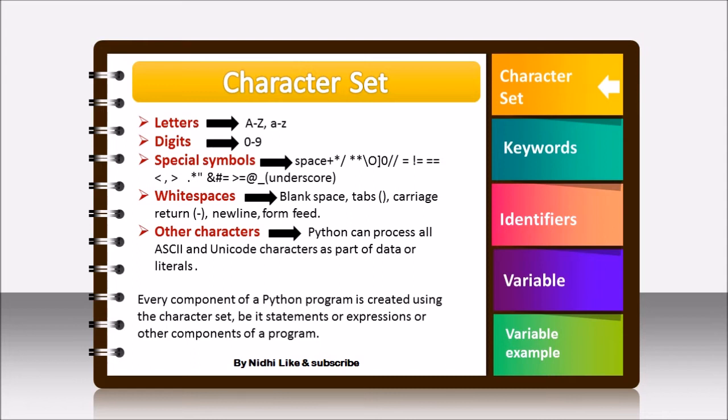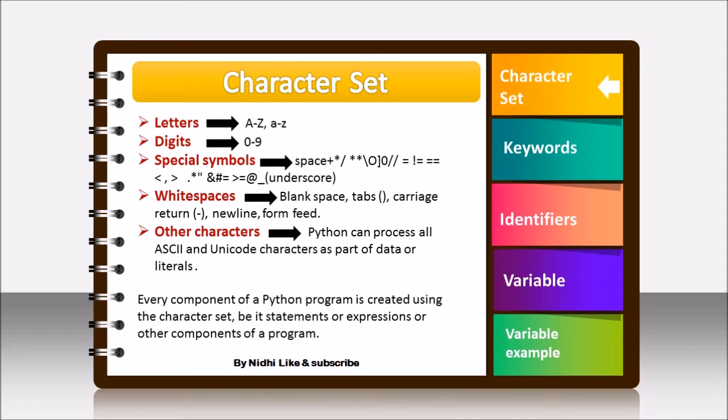Python supports the Unicode encoding standard. That means it has these character sets: letters, from capital A to capital Z, then small a to small z, and digits 0 to 9. After that, special symbols.